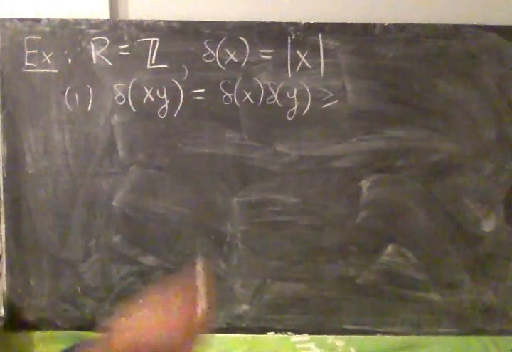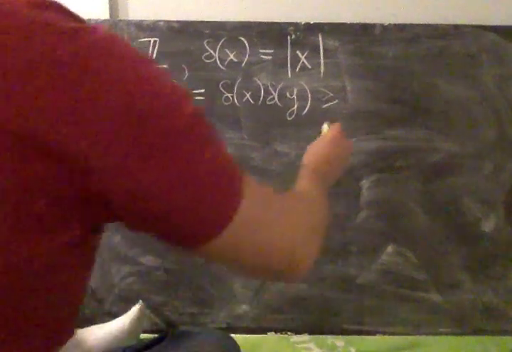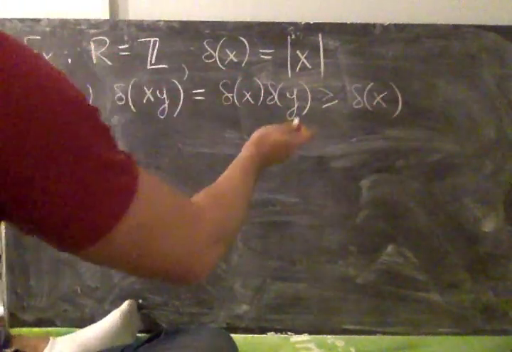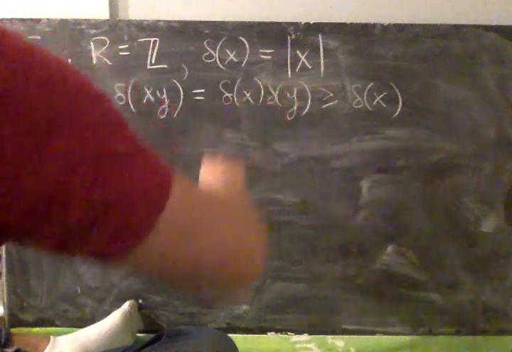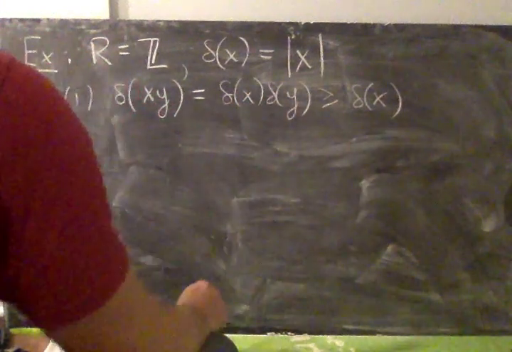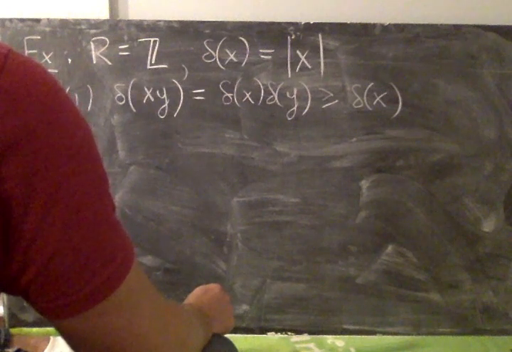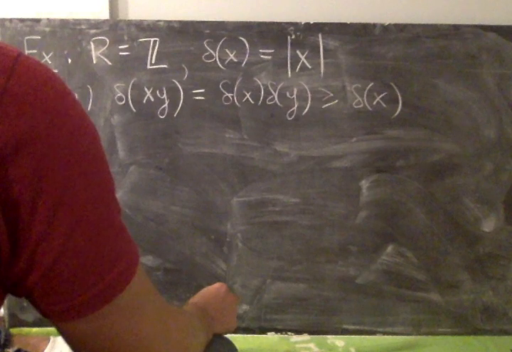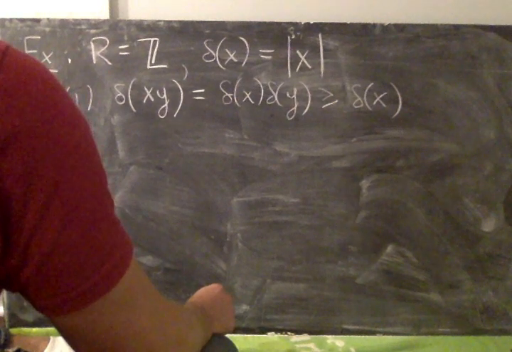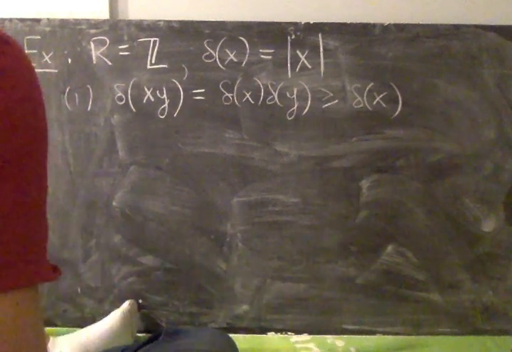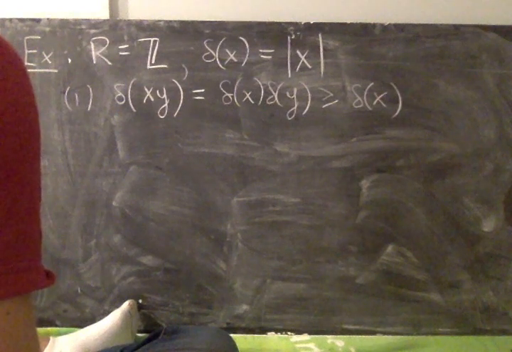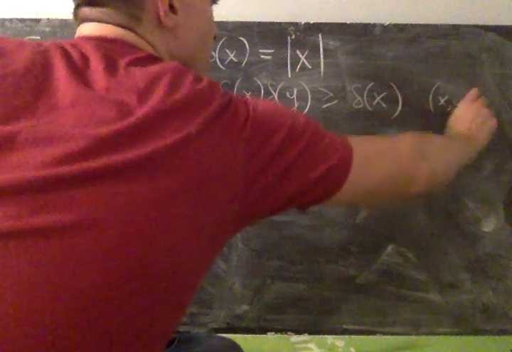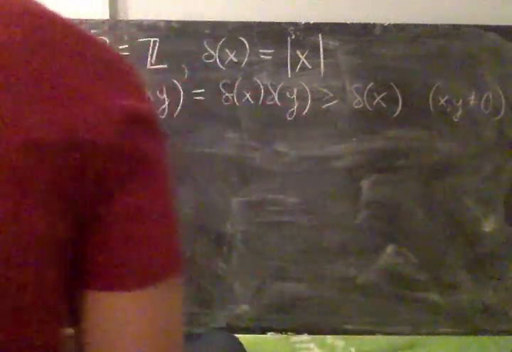And if x and y are non-zero, as they're supposed to be, then this is greater than or equal to delta of x, because delta of y is at least 1, since it has to be a non-negative integer. So that implies that delta satisfies the first part of the definition. This is for x and y not equal to 0.